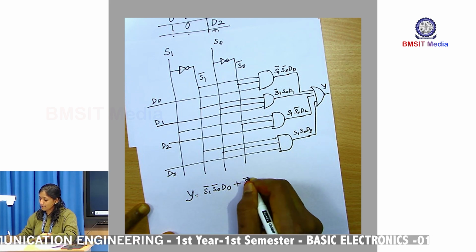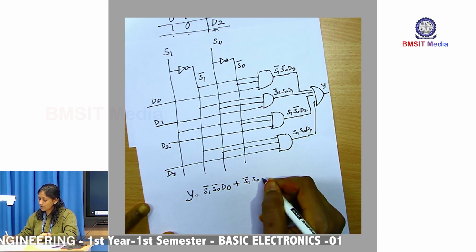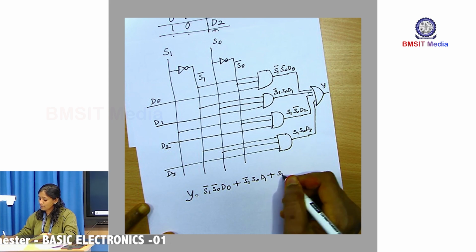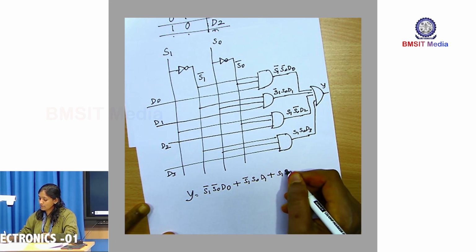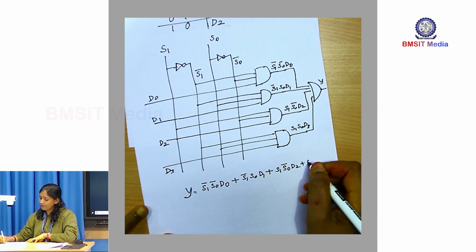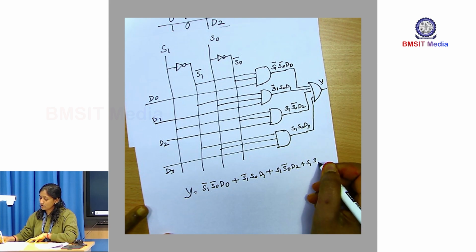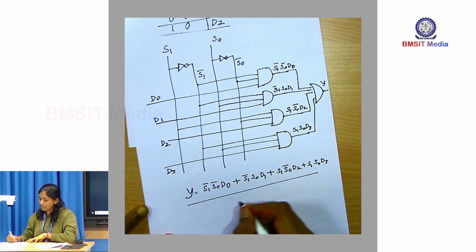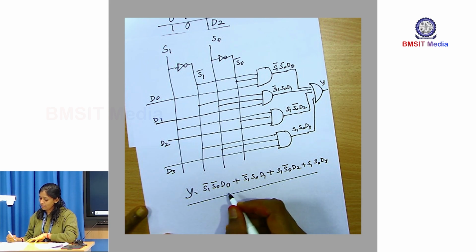When S1 is 0 and S0 is 1, data D1 is selected. When S1 is 1 and S0 is 0, data D2 is selected. Whenever S1 is 1 and S0 is 1, data D3 is selected. So, this is the implementation of the 4:1 mux.